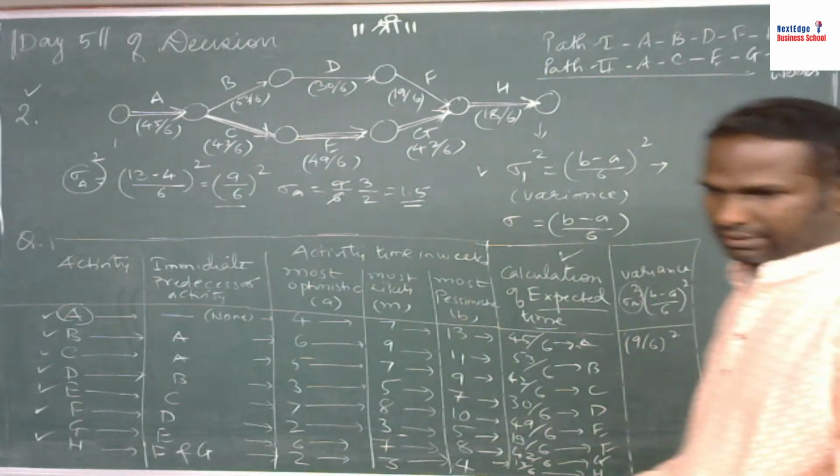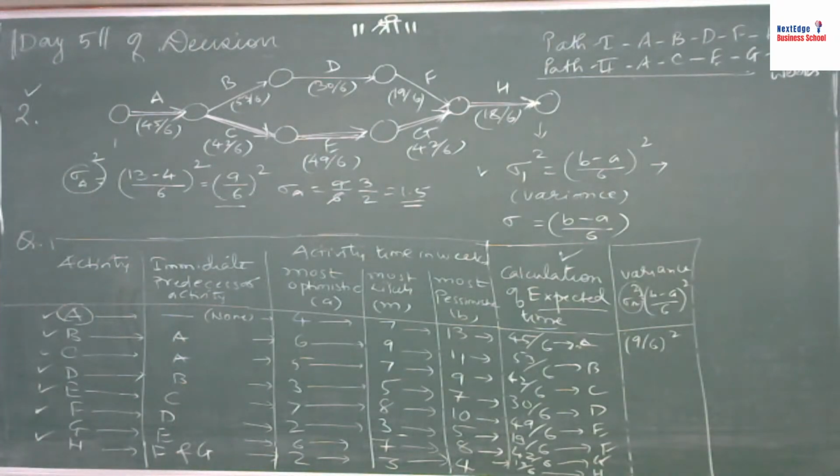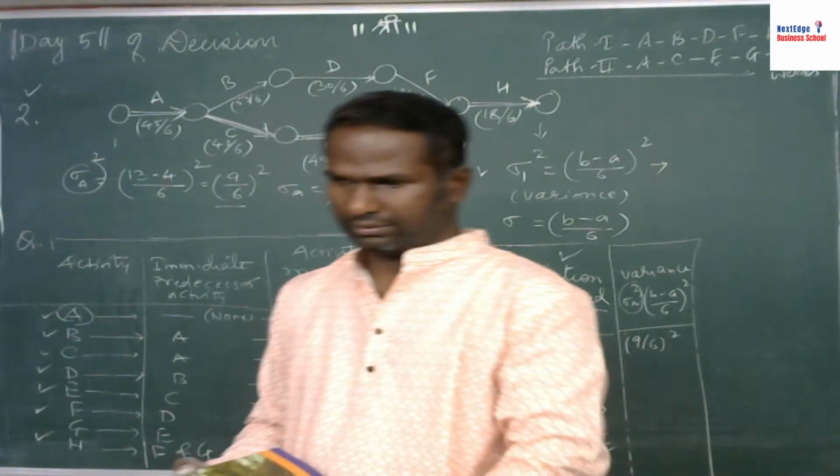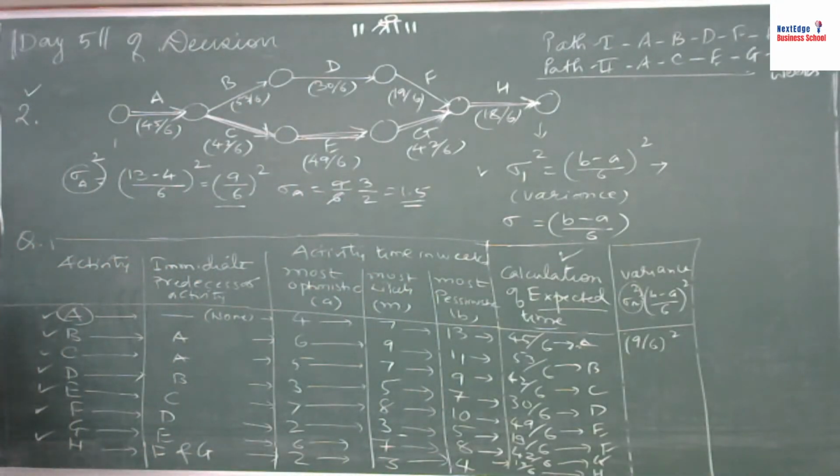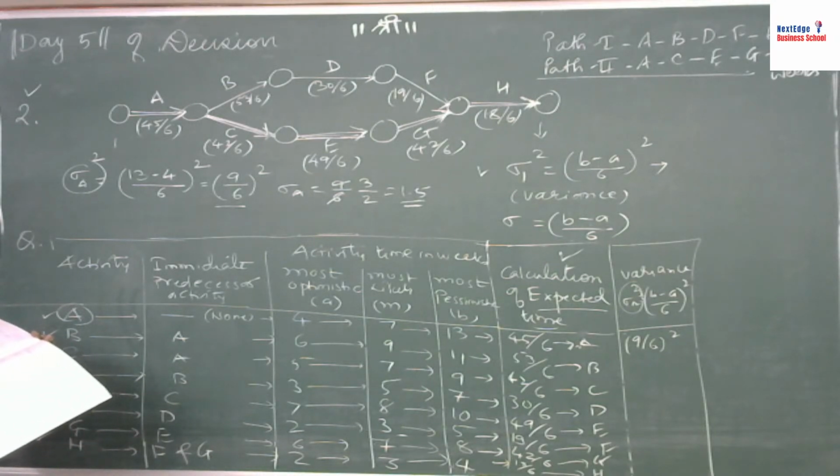For B, let's see the values. I hope you all can see the board properly. So I'm writing this whole thing. So 9 by 4.